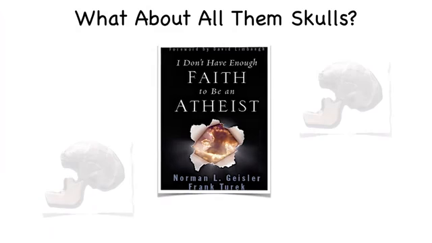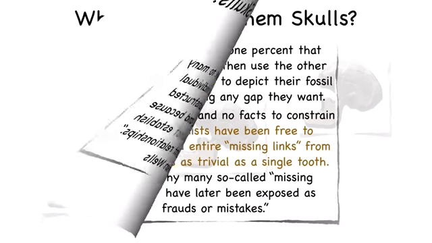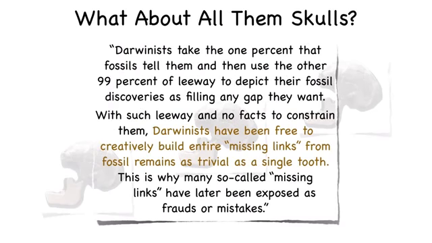Along this line, Jonathan Wells is quoted as saying, "The fossil evidence is open to many interpretations because individual specimens can be reconstructed in a variety of ways, and because the fossil record cannot establish ancestor-descendant relationships." Norman Geisler and Frank Turek comment further: "Darwinists take the 1% that fossils tell them, and then use the other 99% of leeway to depict their fossil discoveries as filling any gap they want.